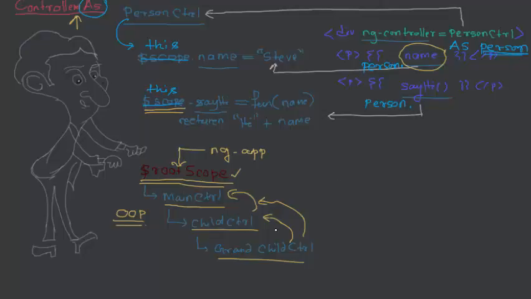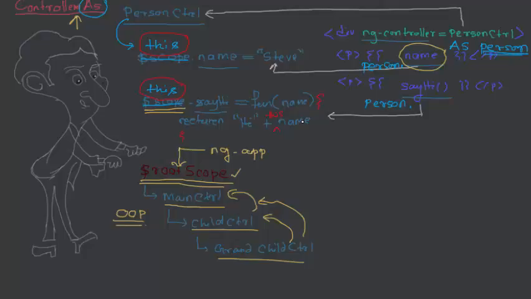This will reduce the ambiguity, and in any place, let's say a grandchild controller, you will assign some name and use it with dot notation. This is also a pure JavaScript concept, and it refers to the same instance of that particular controller. But if you use a function and inside it you use this dot name, it will lead to a different error, because this will be local only to that particular function scope.